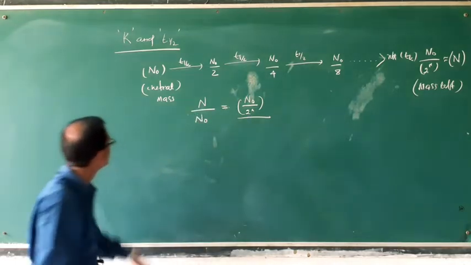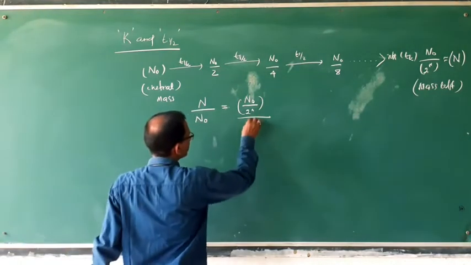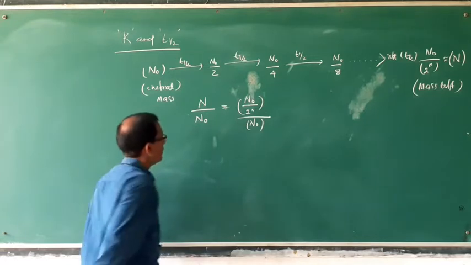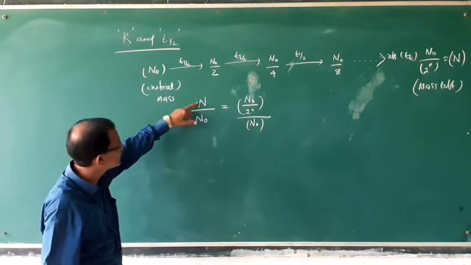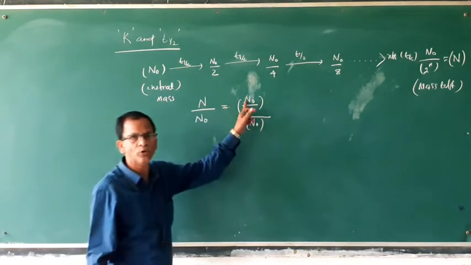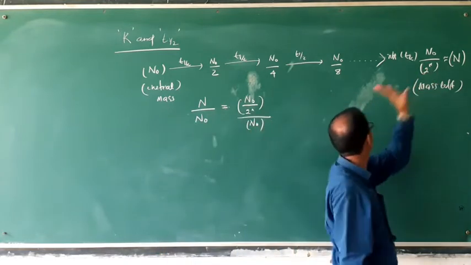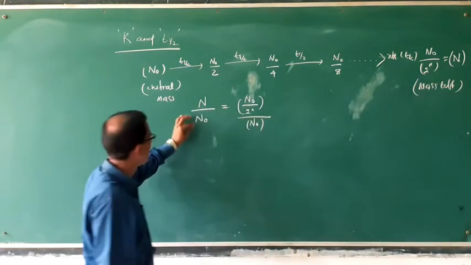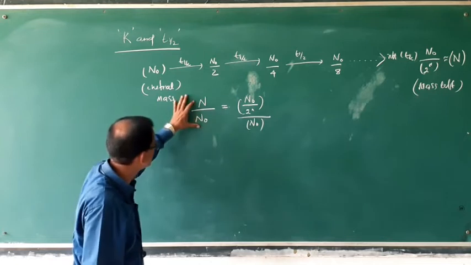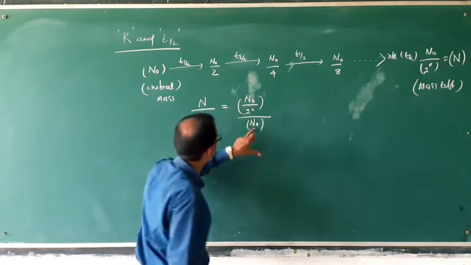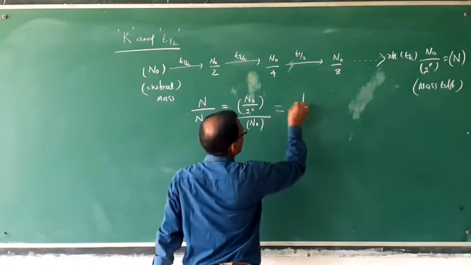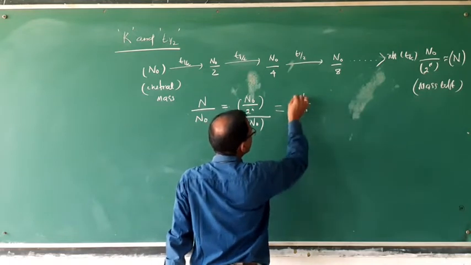What we have done is convert N in terms of N0. N is the mass left, N0 is the initial mass. So the ratio will be N0 by 2 to the power n, divided by N0. What is left? 1 by 2 to the power n.